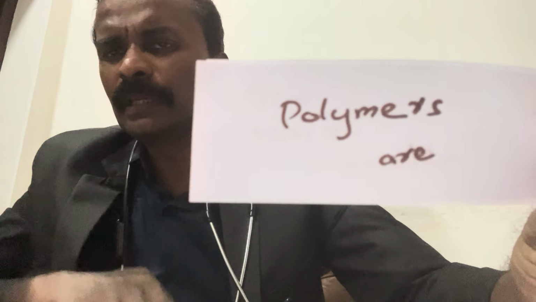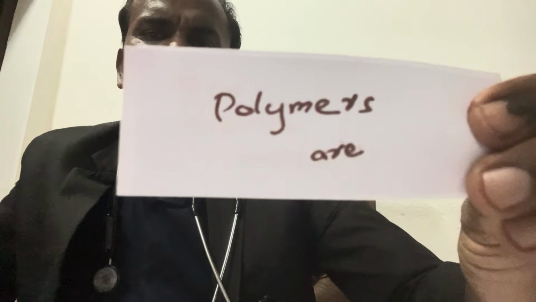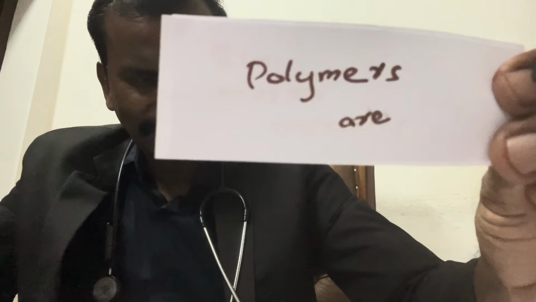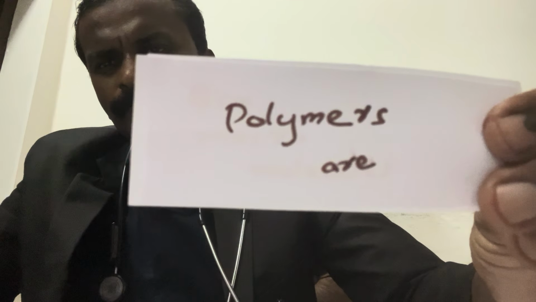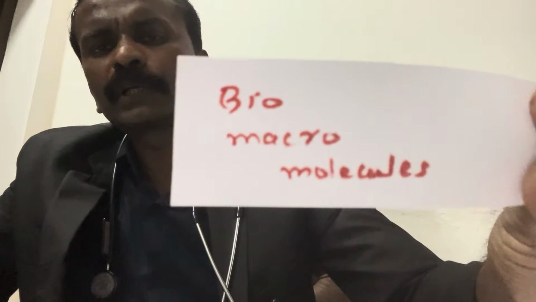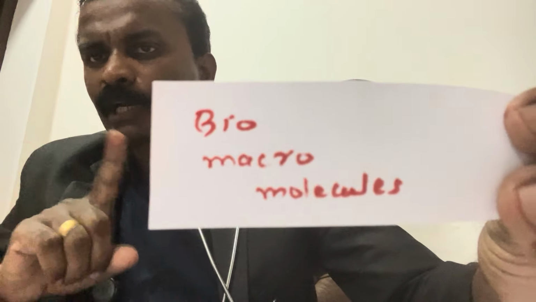So polymer they will keep in the choice. So what will be the question? Bio-macromolecule. Which one of the following is a bio-macromolecule? Macromolecule, and the word bio is important.